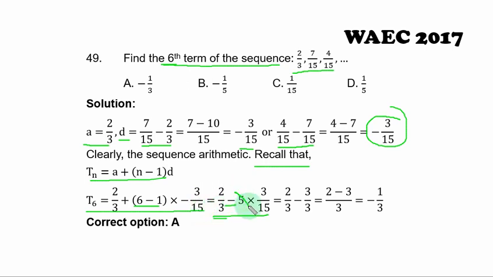You can reduce 5 and 15 by 5. Here remains 2 over 3 minus, here becomes 3 over 3 in this form. You have like fractions. When you subtract the numerators, you have minus 1 over 3.